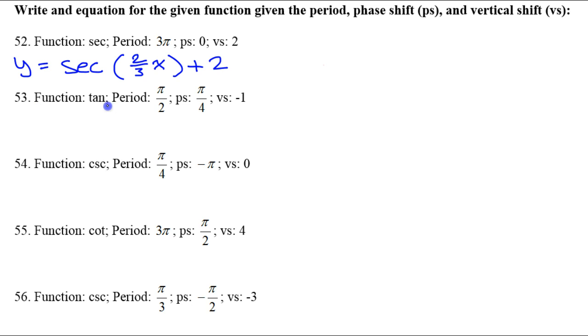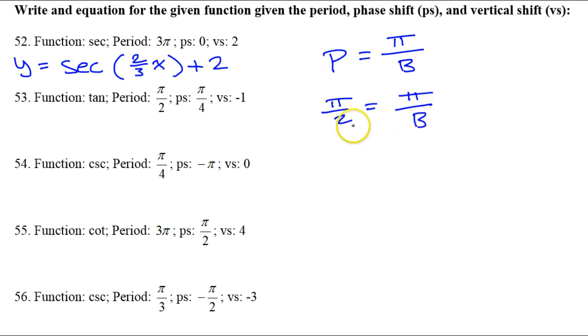For number 53, we're dealing with the tangent function. That means the normal period is pi for the tangent function. So we will do pi over b. They tell us that the period is pi over 2. So pi over 2 is equal to pi over b.